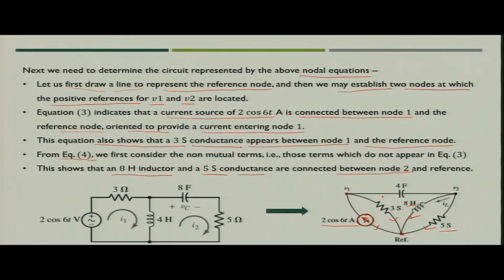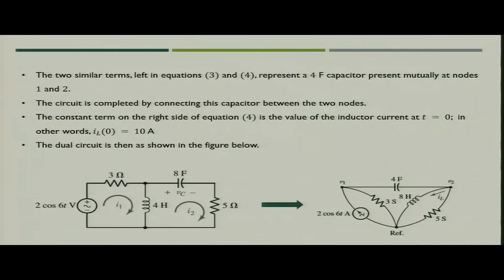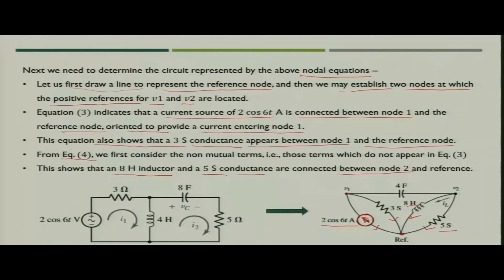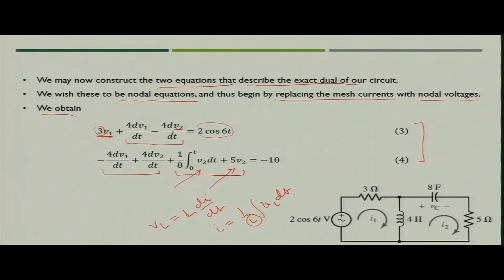Now, let us come to the element which is common in both equations, and what will it represent? It will represent a 4 farad capacitor. How? If you see, this is nothing but the value of the current which is connecting two nodes. If this is the value of current, what does it signify?